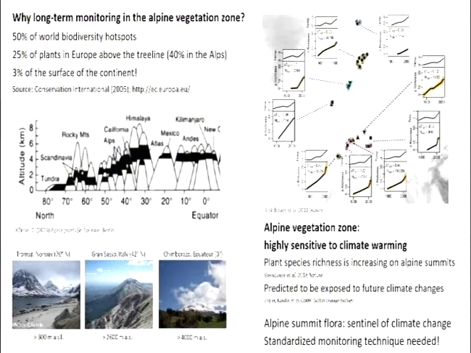So alpine vegetation zones are sentinels of climate change because they react very quickly, but there is a need for standardized monitoring techniques, and this is why the Gloria initiative has been designed.